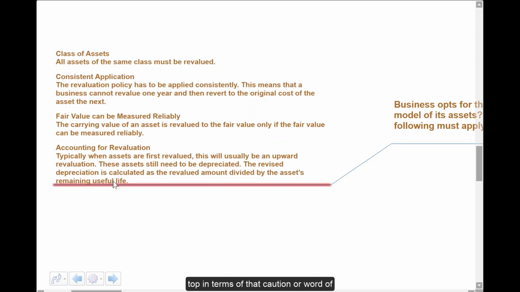Remember what I said up top in terms of that caution or word of warning, the examiner. This is the area, and there's this idea, now we've got a revalued amount with a different useful life because there's been 2, 3, or 4 years. Now we need to recalculate our annual depreciation. Okay, so watch for that.